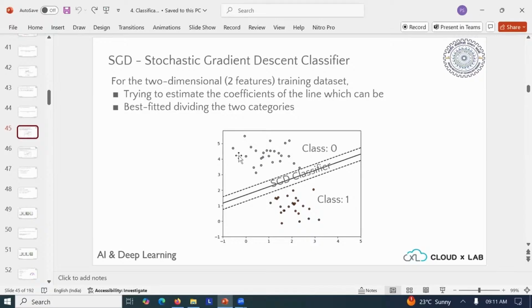Which means if you increase this threshold, if you shift this line upward, recall will decrease, but precision will increase, right? Because in this case, since we are using a very high value for the threshold, if the model is saying true, the chances of the model being true is very high, right?